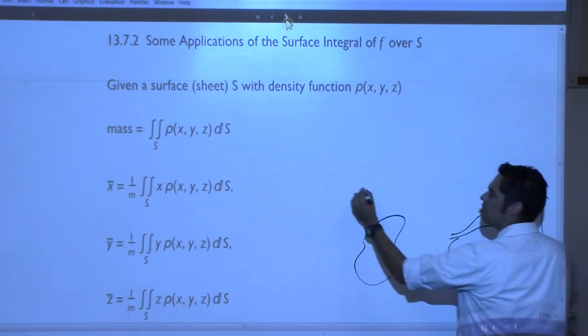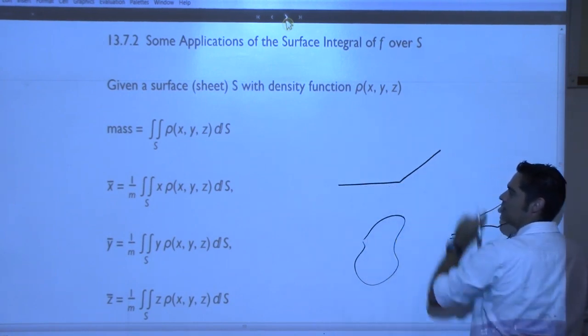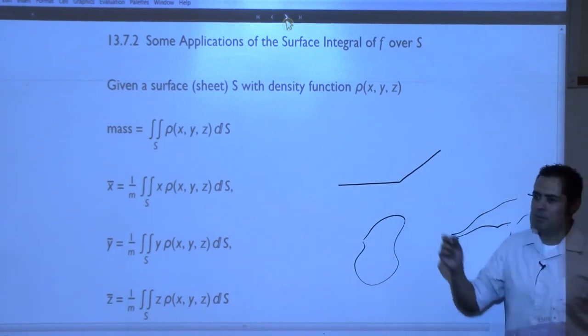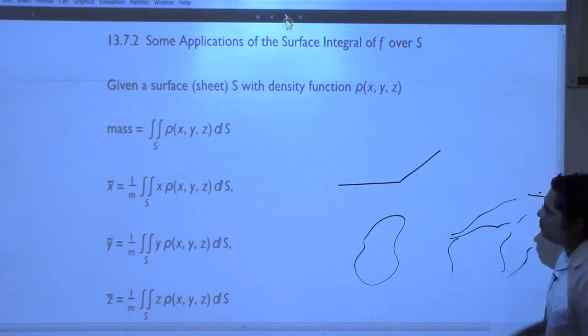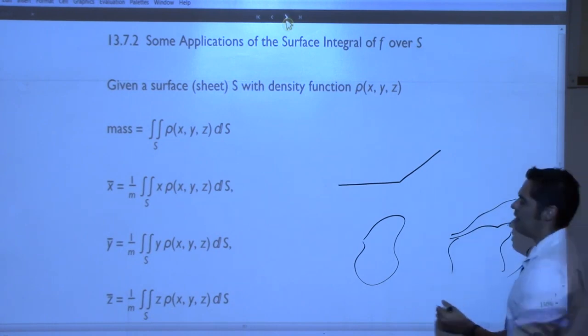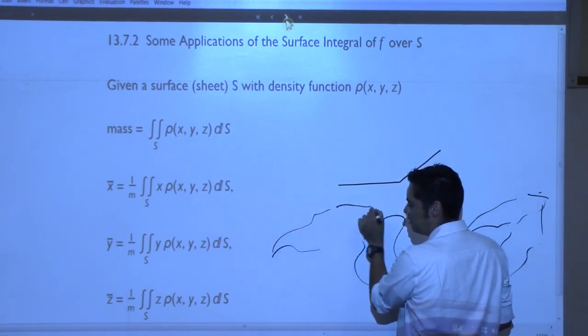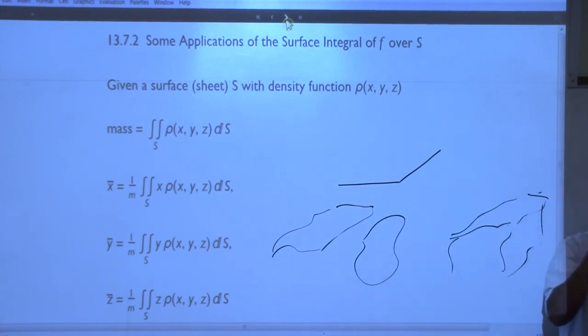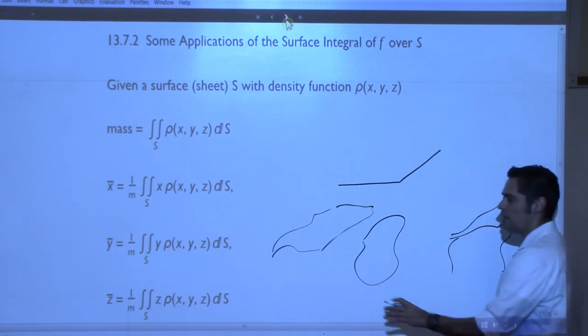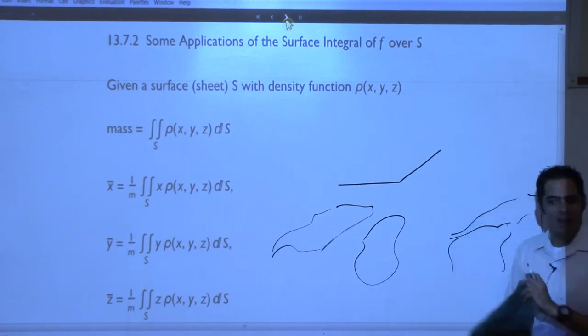We can find the center of mass of a wire, assuming that the wire doesn't really have width to it, which is kind of weird, and we could argue about that. And now we're saying if you have a three-dimensional surface, you can find the center of mass. And again, we could argue about that. How can you have a surface that doesn't have thickness to it? If it has thickness, then isn't it a solid? But we can kind of get away with that if it's thin enough, I guess.